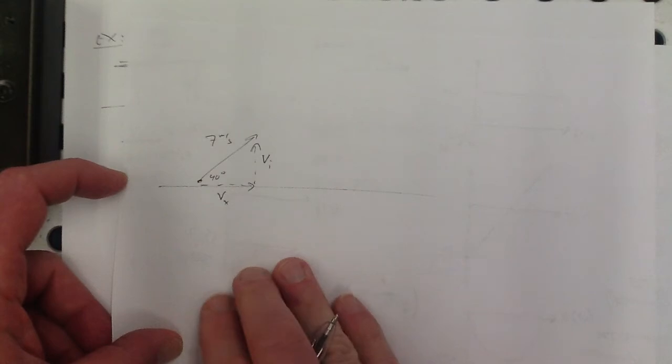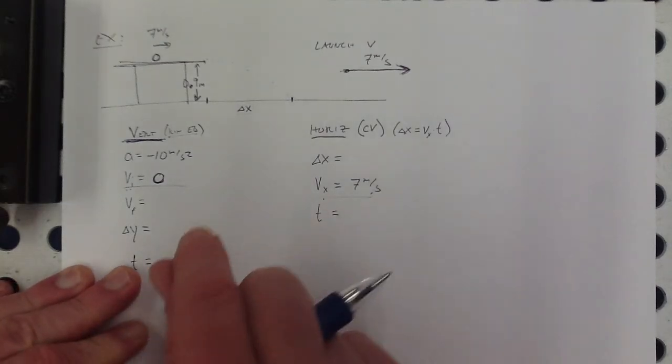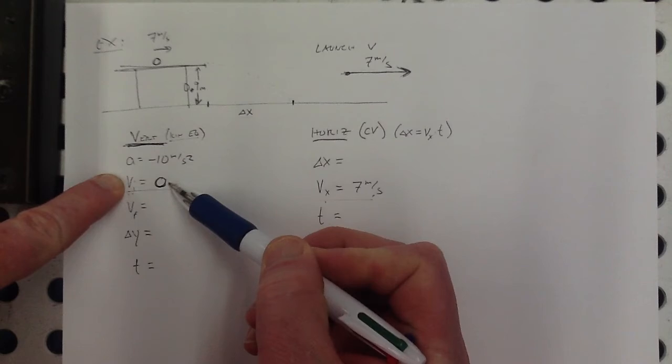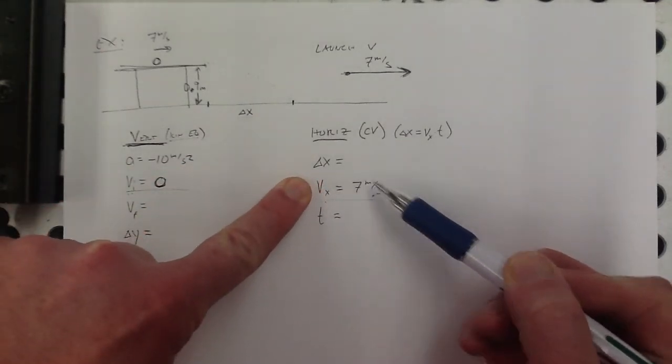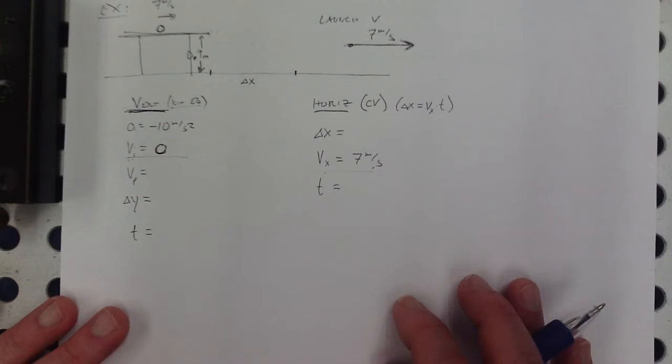So we'll get to problems like that. Obviously there's a little sine and cosine action there. But for right now, we're just dealing with horizontal launch problems. If you've got a horizontal launch, that is going to be 0. And the whole horizontal velocity is going to be here, in the horizontal column. All right, that is very, very important.